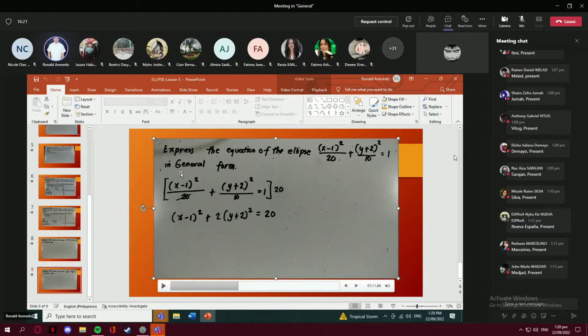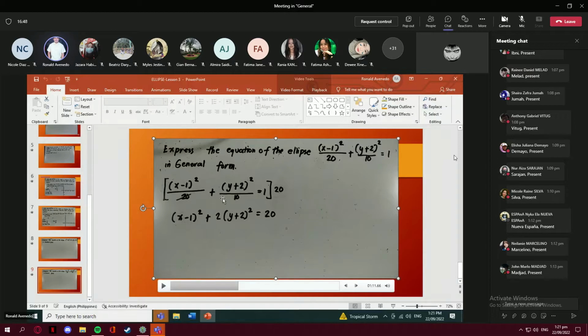So that is why in the first term, since the denominator is 20, therefore 20 cancels out. Because the actual process here is from the 20 here, 20 divided by the denominator of the first term, 20, the answer is 1. And 1 multiplied by the quantity of x minus 1 squared would give us the quantity of x minus 1 squared.